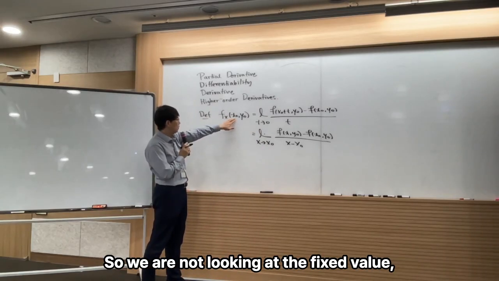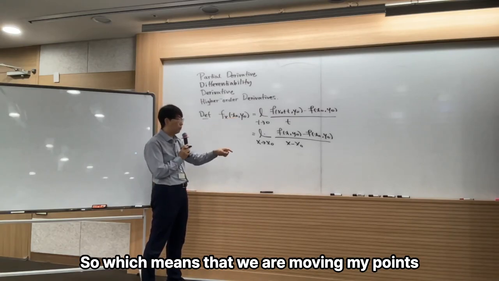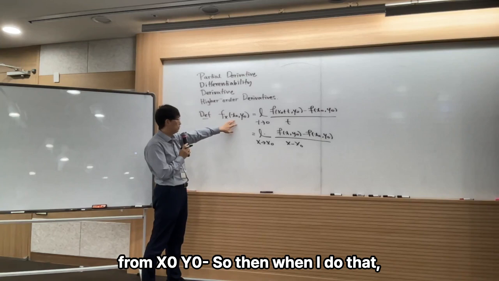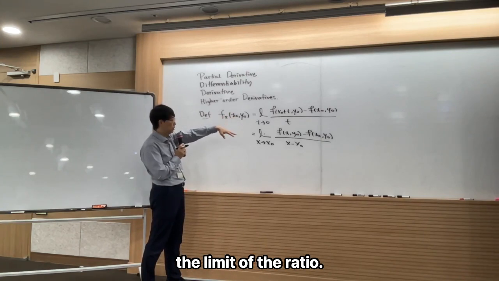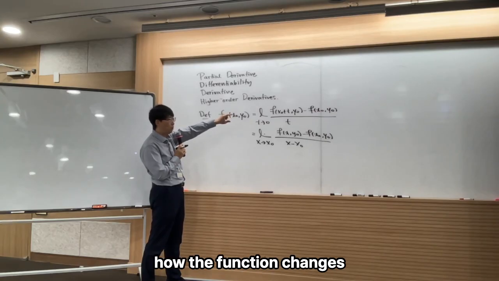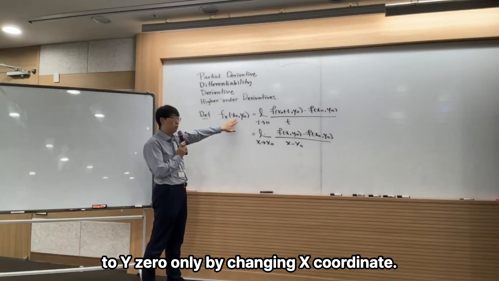Because that's the variable that we are changing in the domain. We are not looking at a fixed value, we're changing the value of the x coordinate, which means we are moving our point from (x0, y0). And then when I do that, I want to see the limit of the ratio. Basically I want to see how the function changes when I move my point from (x0, y0) only by changing the x coordinate.